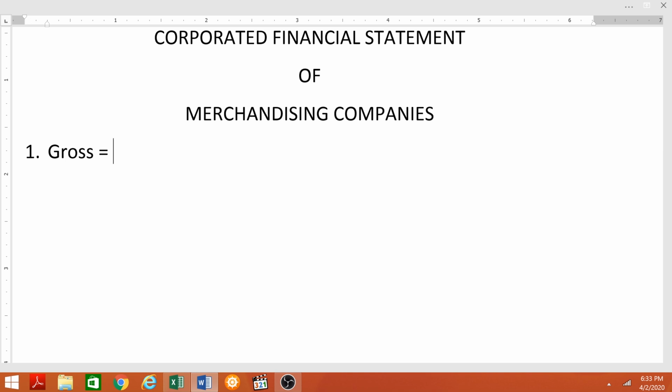For calculating gross profit, the very first step is the revenue or sales revenue. You have to calculate sales revenue. Then you have to calculate cost of goods sold.